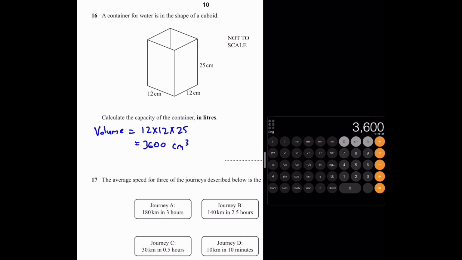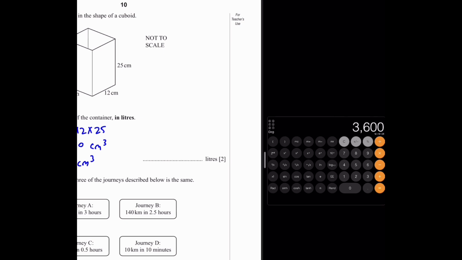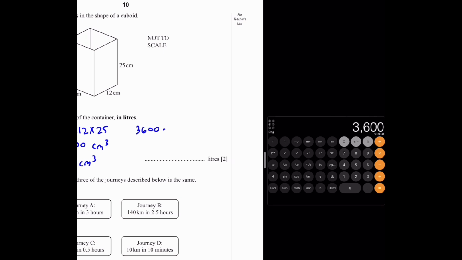And now 1 liter is equal to 1,000 centimeters cubed. So 3,600 centimeters cubed is equal to 3600 by 1,000, which is equal to 3.6 liters. That's the answer.